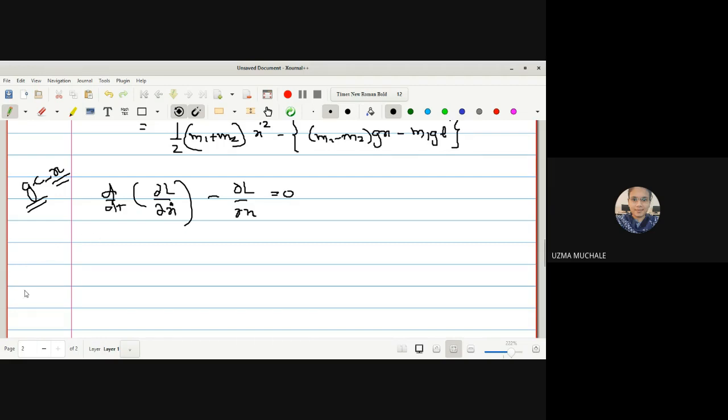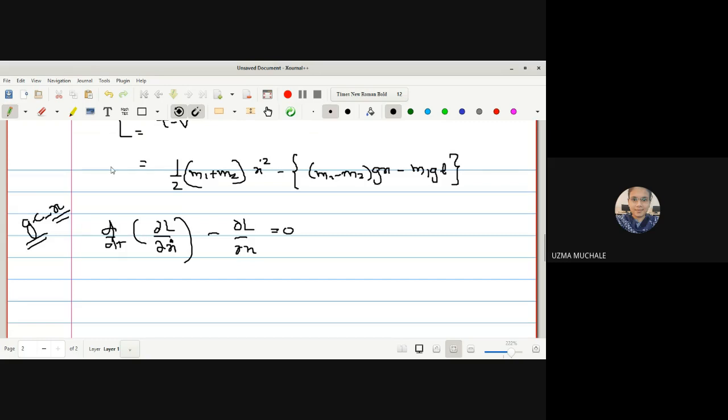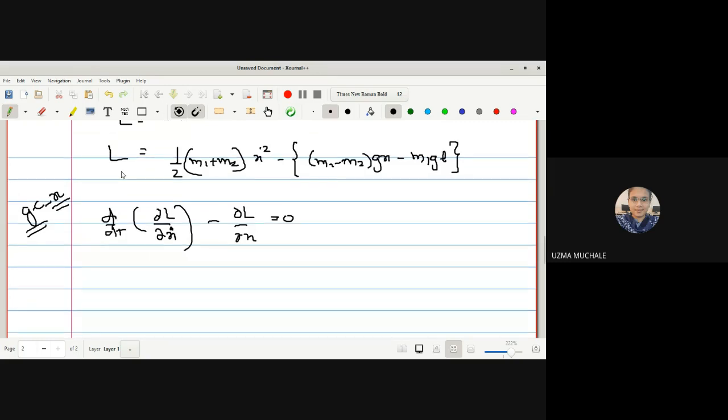Okay. Now, L is with us. You have to just find out the value of those derivatives with respect to x and x dot, and you have to write the result. Okay, d by dt of L with respect to x dot. So this is simply m1 plus m2 as it is. 2 gets cancelled. So I will remain with simply (m1 plus m2) x dot minus. Okay, what is the next term? Is there any term of x dot in the second and third term?